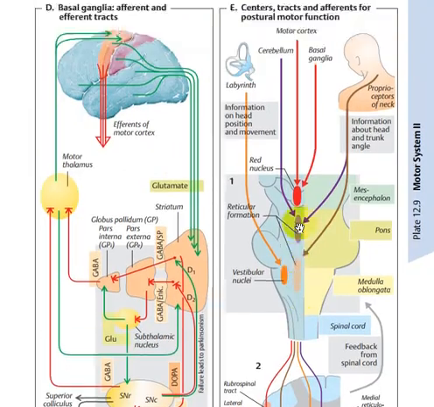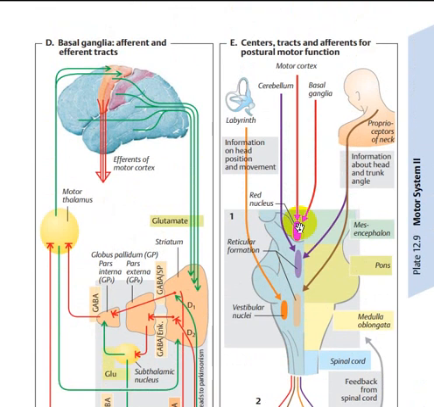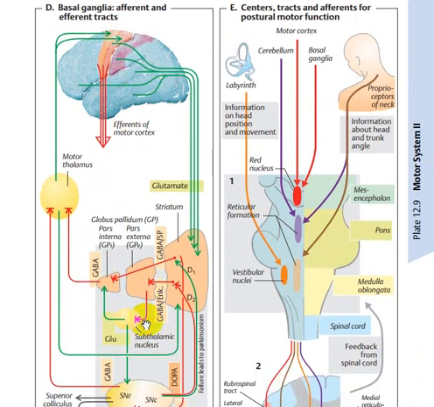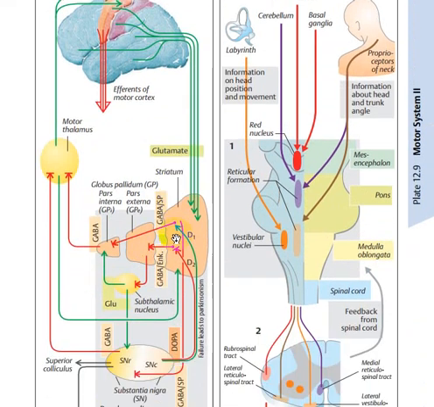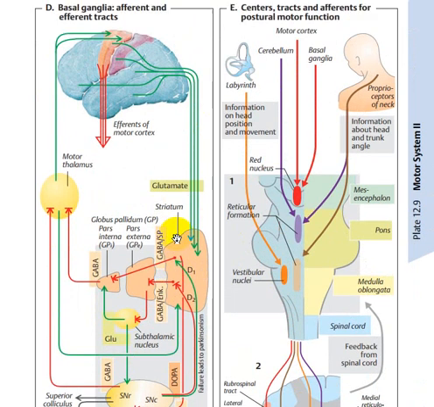So now let's visualize. Initially we said that in the programming you had a part which involved the impulses first moving to the basal ganglia. So now we need to visualize the basal ganglia afferent and efferent tracts.